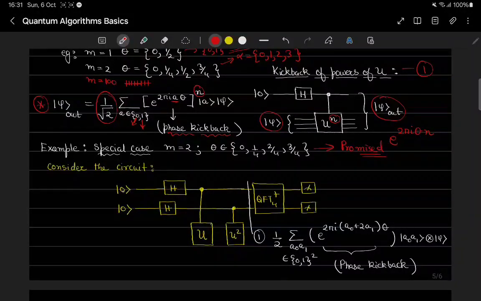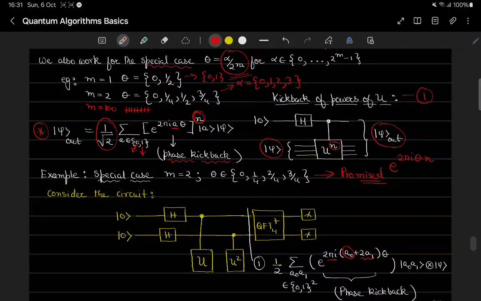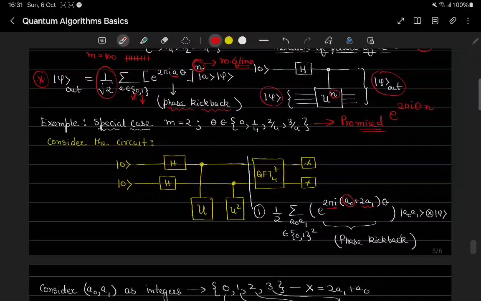We have two ancillas, two zero qubits, Hadamard gates, and the unitary which will give the phase kickback. So we can collect the phase kickbacks together. I have a single phase kickback, and a 2 times the phase kickback, because you saw that the n was appearing a number of times. So I have this as the phase kickback, and then I have the basis states and state psi.